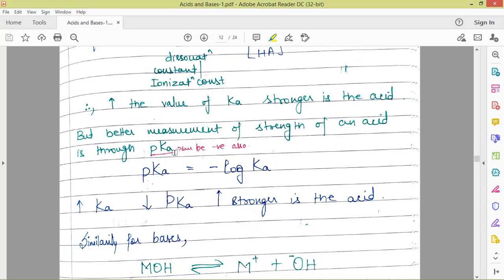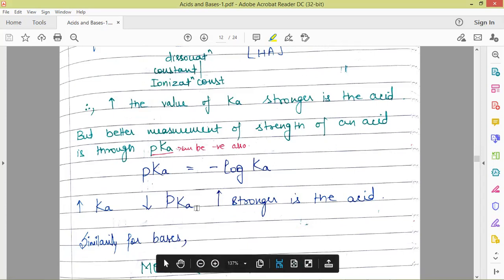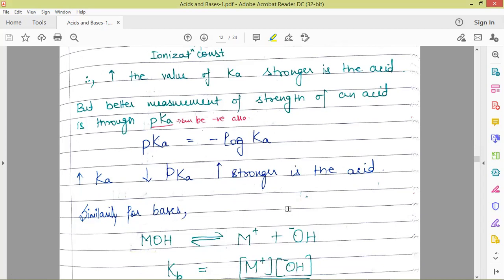Actually pKa is equal to the negative logarithm of the dissociation constant. That means the more the Ka value, the lower is going to be the pKa. So the lower the pKa value, the stronger the acid. More negative values of pKa mean the acid is very, very strong, and high positive values mean the acid is weak.